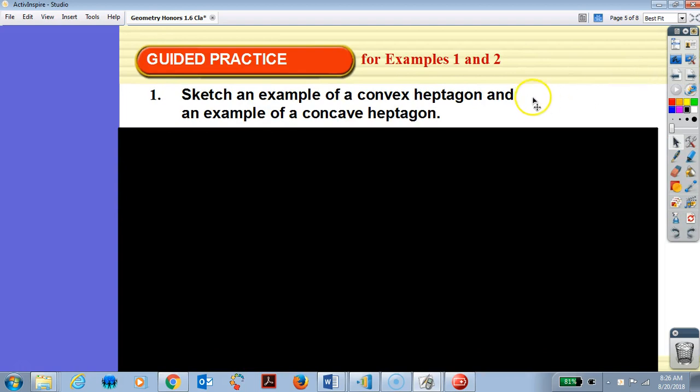Good question. Sketch an example of a convex heptagon and an example of a concave heptagon. How many sides does a heptagon have? 7. Good. I thought I heard 6 for a second. So convex, pushing outward. 1, 2, 3, 4, 5, 6, 7.